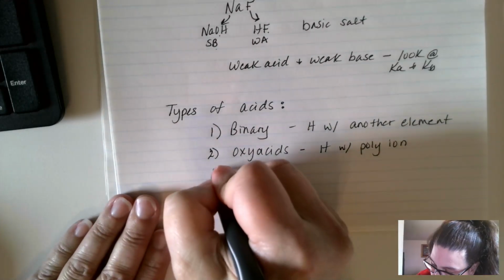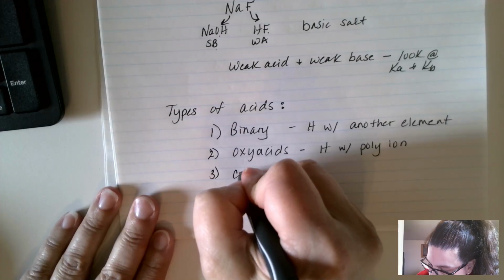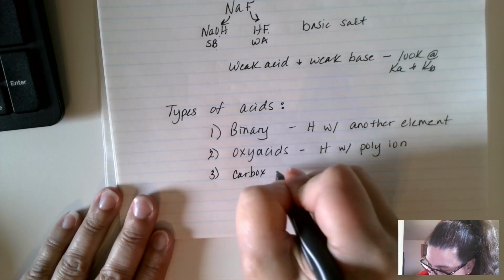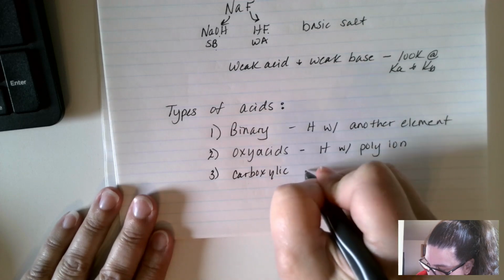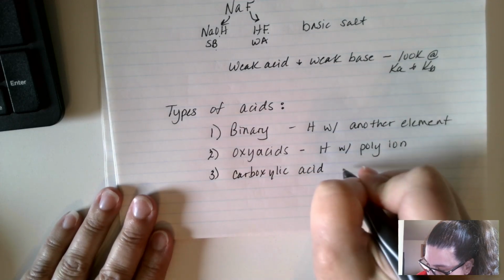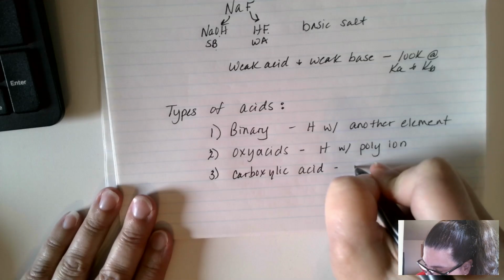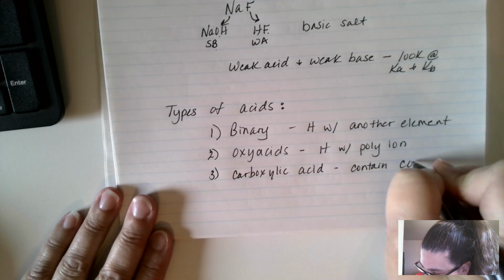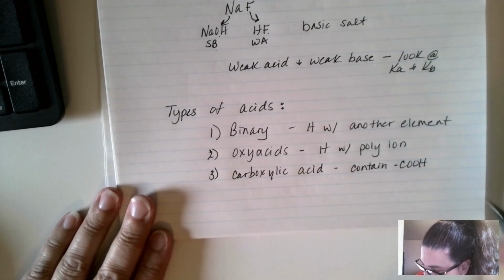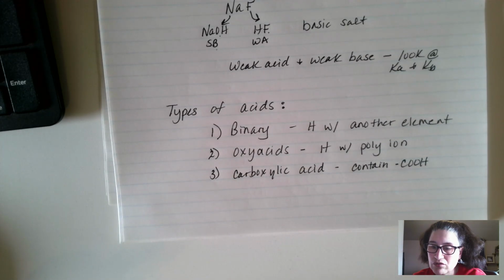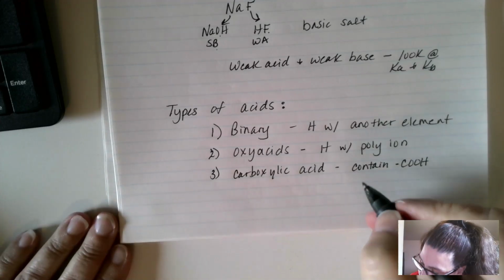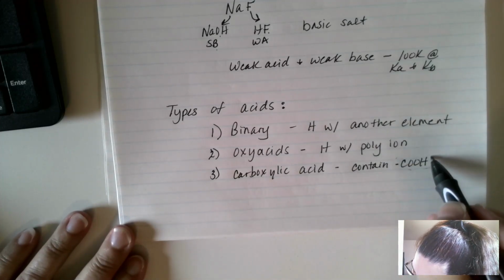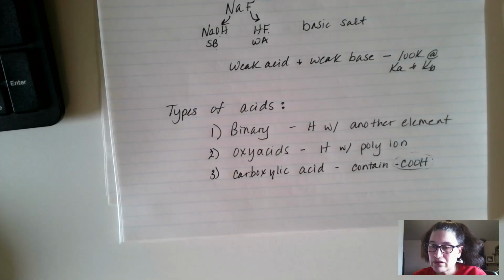And then we are also going to look at compounds that we haven't looked at before, which are carboxylic acids. They contain the grouping COOH, and this is called the carboxyl group. That's why they're called carboxylic acids.